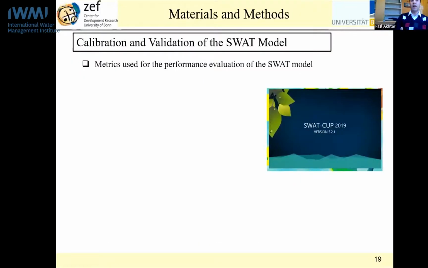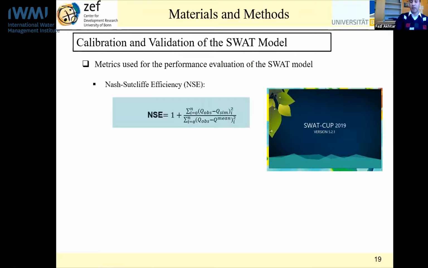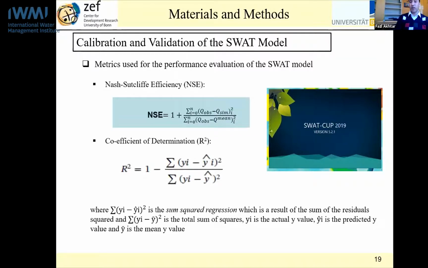Then while adding this data, simulations were made, and for calibration of the model, we used the SWAT-CUP model, which is like a daughter model often used with the SWAT model to validate the results. The key metrics we used for the evaluation were Nash-Sutcliffe efficiency and the coefficient of determination.